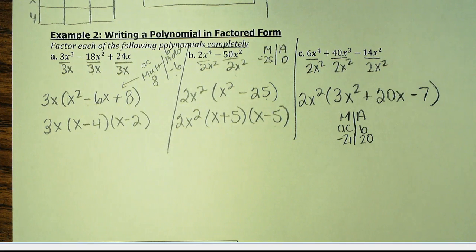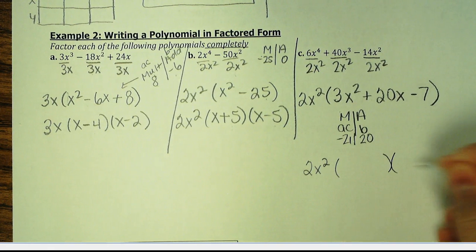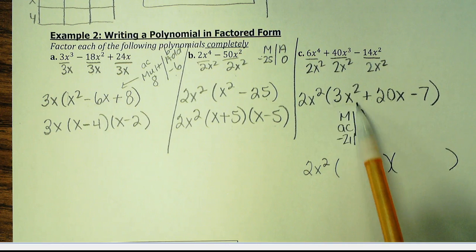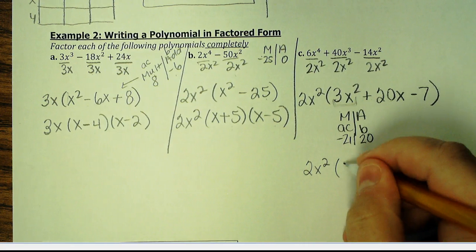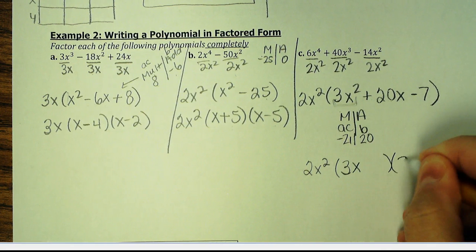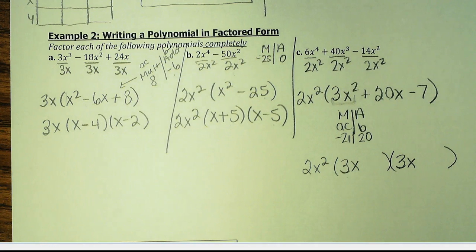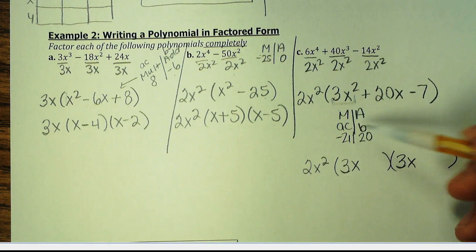Okay, so I've got to keep this 2x squared out in front. Now, if you guys remember the Berry method, this only happens if there's a number in front of the squared term, which there's a 3 here. This is not the correct answer, but you're going to start out and just drop that first term with no squared in both of the first parentheses, the factors there. Okay, multiply to get -21, but add to get 20.